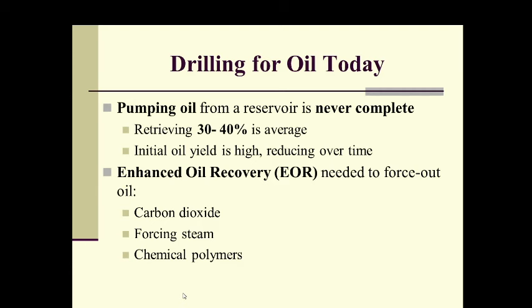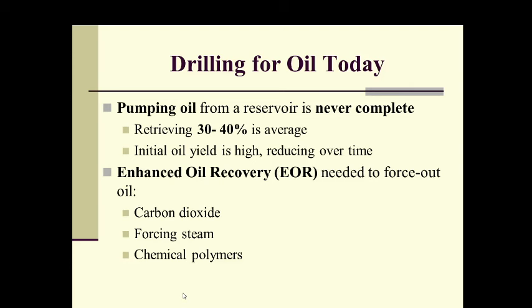If you want to get more out, you have to do this thing called enhanced oil recovery. In that case, you are forcing something else into the reservoir, carbon dioxide, steam, or some sort of chemical, which then makes it easier to pump out the oil within the well.